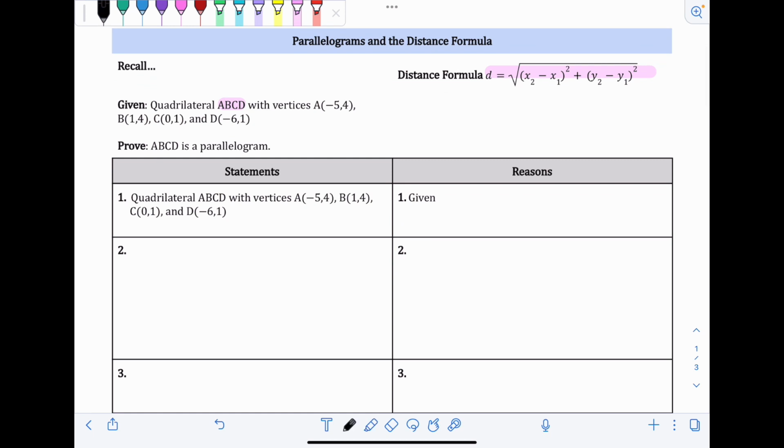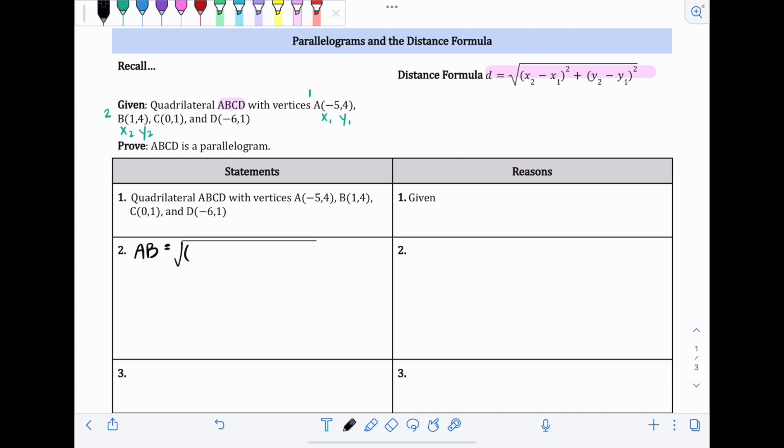For the distance formula, I'm going to find from A to B first. I'm going to say that A is my point 1 and B is my point 2. So x1 will be negative 5, y1 will be 4, x2 will be 1, y2 will be 4.